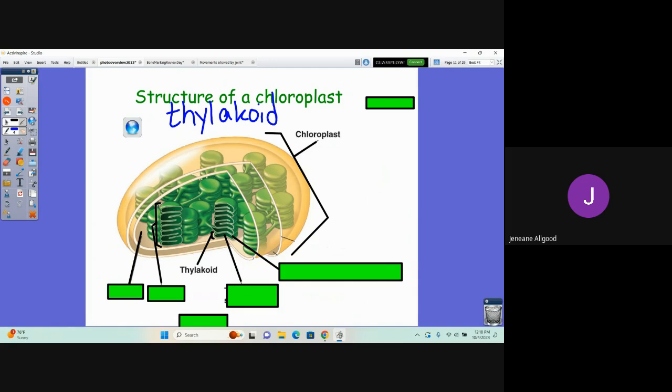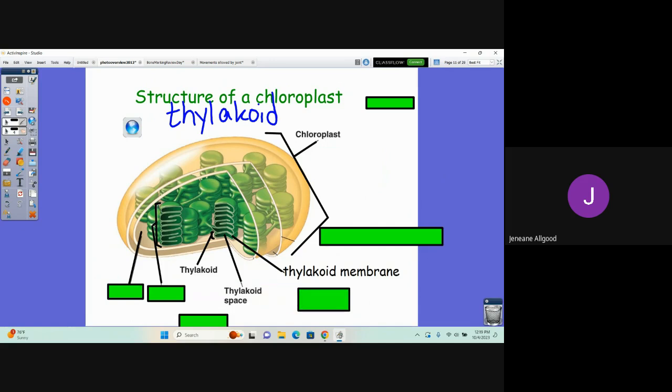And so those thylakoids are surrounded by a thylakoid membrane. And then there's a space inside each thylakoid, and ironically, that is called the thylakoid space.